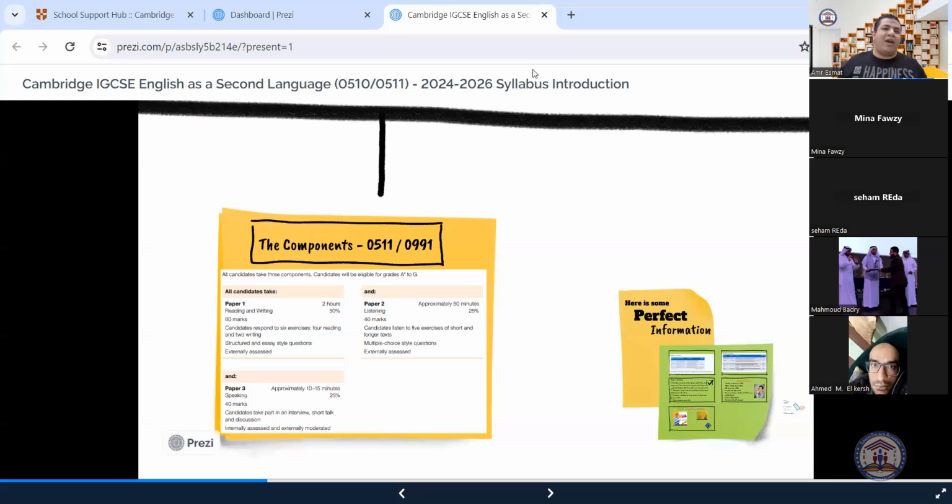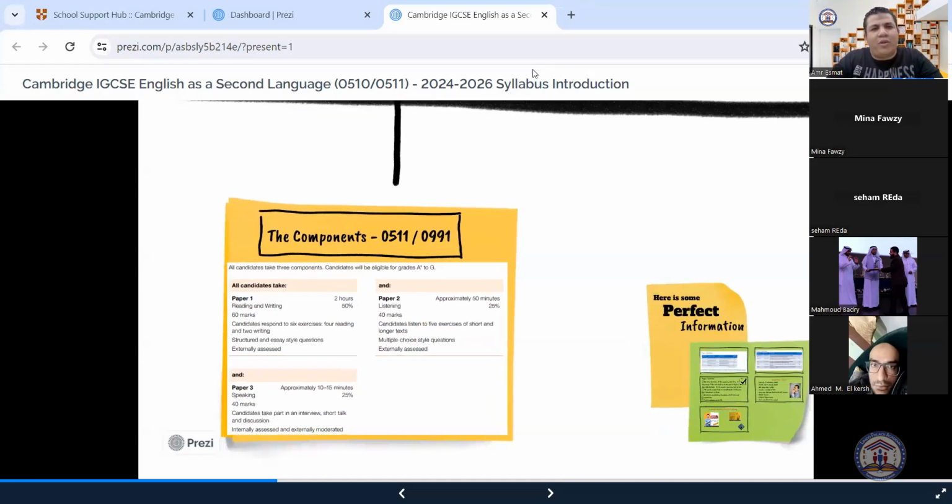For 0511, it's from A star to G. For 0991, it is a grading system that depends on numbers, 9 to 1. So 0511 is A star to G, and 0991 is from 9 to 1, highest to lowest.